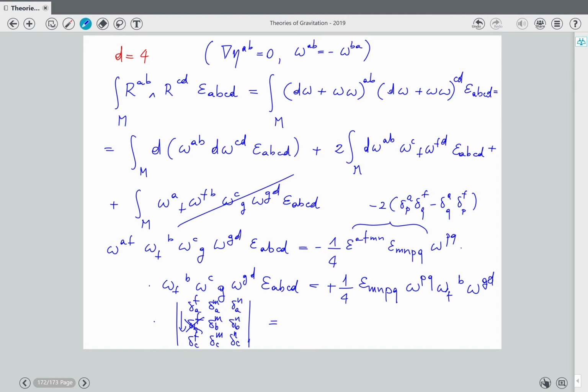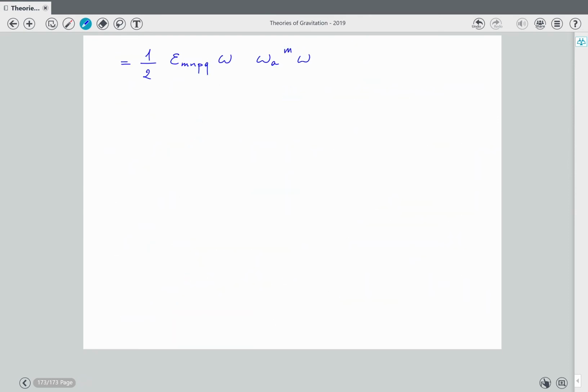Omega PQ, there are four omegas, so I forgot one. Omega CG, omega GD. So omega PQ remains omega PQ.